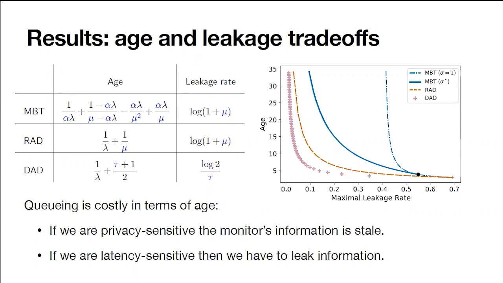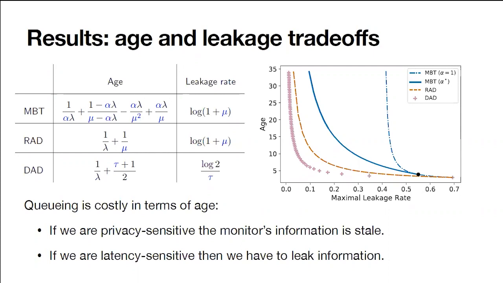So if we're privacy sensitive, queuing will make the monitor's information more stale, if we fix a certain privacy leakage that we want. But if we're latency sensitive and we want to bound the expected age, then we have to leak a lot of information. So queuing is bad, a worse trade-off than these accumulate and dump style strategies.